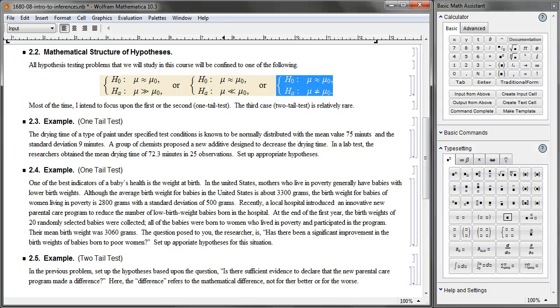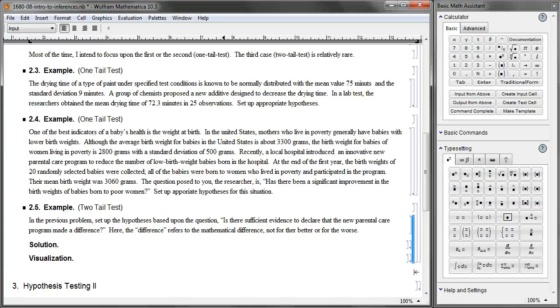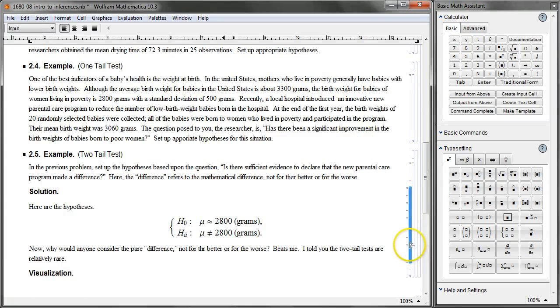So I just distorted this problem, and here's the solution. About the same as before, alternative hypothesis different. Now, why would anyone consider just pure difference, not for the better or for worse? Well, there's a typo, excuse me. Well, beats me. Two-tailed tests are relatively rare.